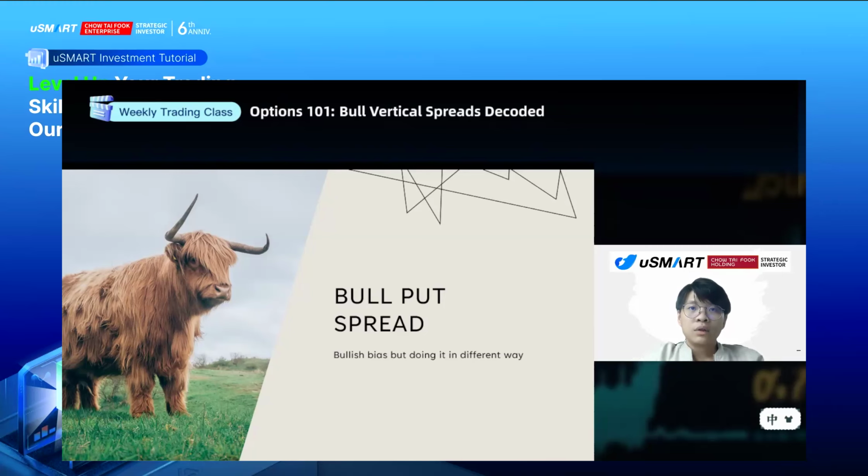So now let's transition to the bull put spread. While this strategy is also bullish, the mechanic will be different from the bull call spread. We are using puts instead of calls, and here we will sell a put. We'll move into the mechanic later on. So you are aiming for a bullish bias, but doing it in a very different way.